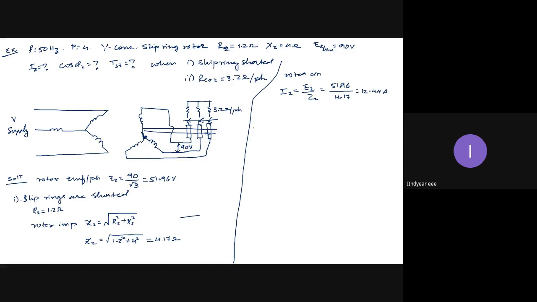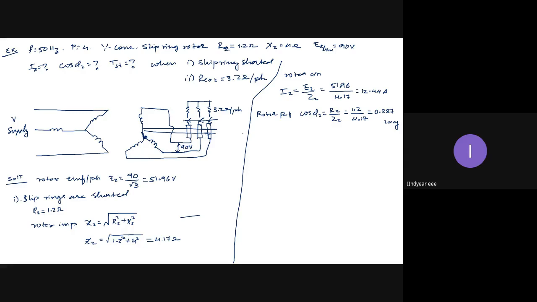And rotor power factor cos phi 2 is equal to R2 by Z2. So that is 1.2 divided by 4.17, which is 0.287, lagging, obviously lagging, because the nature of the circuit is inductive.